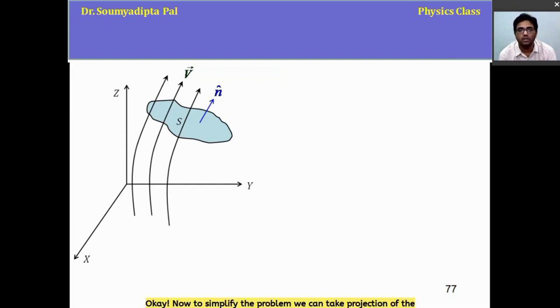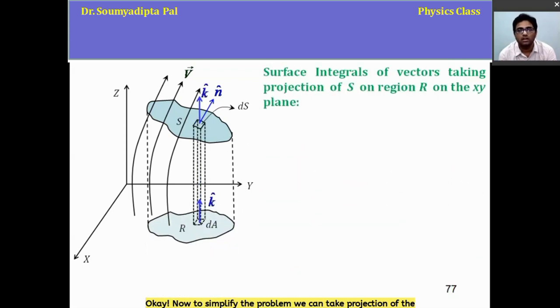Now to simplify the problem, we can take the projection of the surface S on any known plane of Cartesian coordinates, either the xy plane, yz plane, or xz plane. So here, for example, we have taken the projection of the elemental surface area ds on the xy plane, and that is dA, and R is the projected region of total surface S on the xy plane.